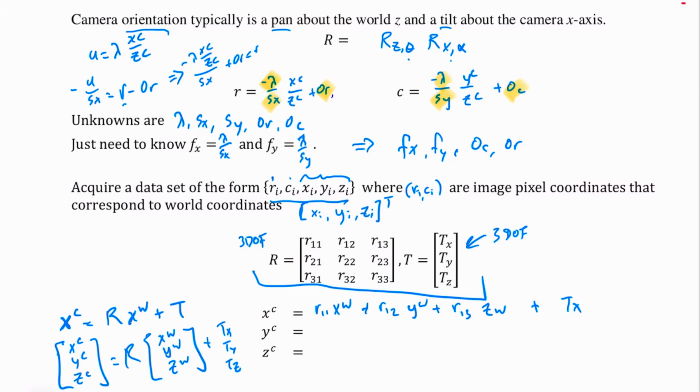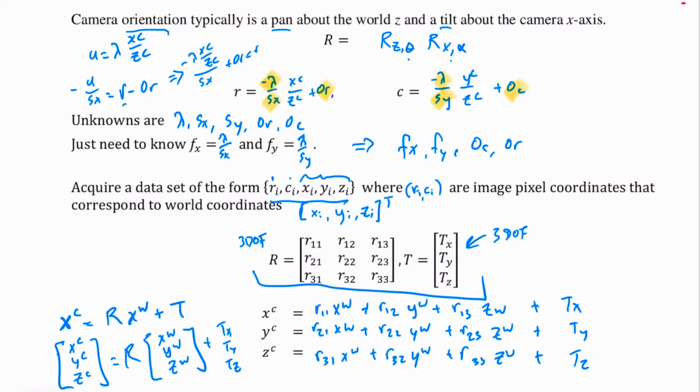And similarly, r21 x world plus r22 y world plus r23 z world plus ty. And finally, we have r31 x world plus r32 y world plus r33 z world plus tz.